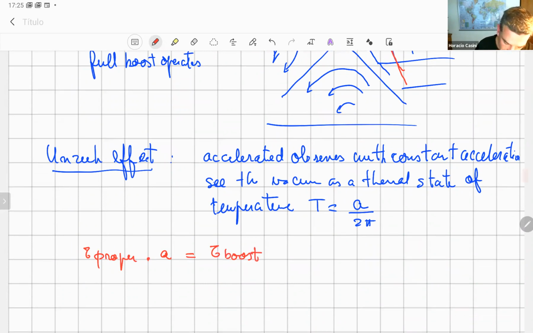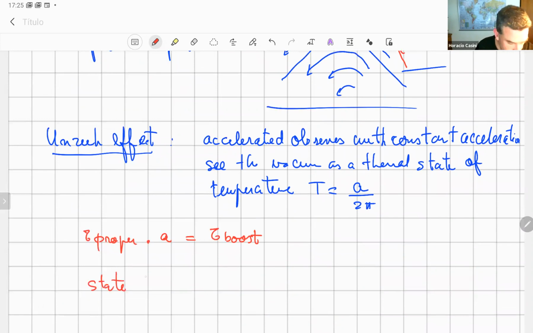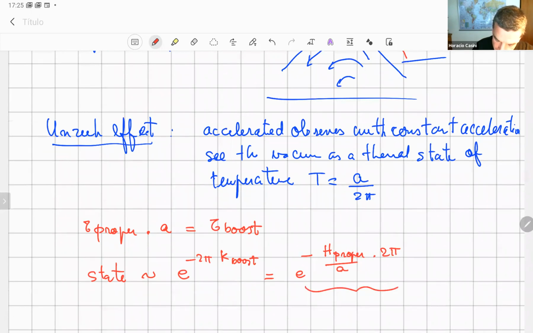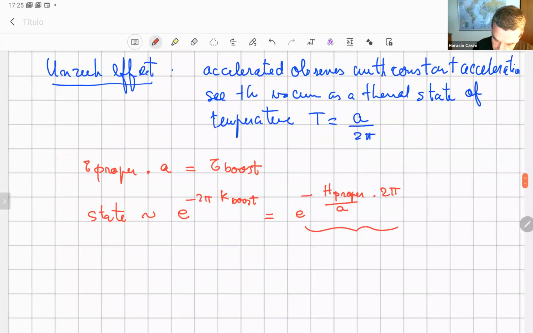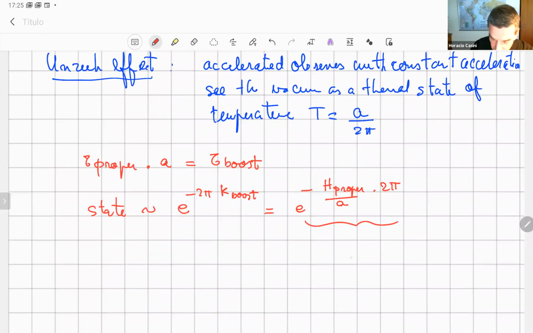So if the state is e to the minus 2 pi, the generator of boost, you can write this as e to the minus the Hamiltonian of proper time divided by acceleration times 2 pi. And from here, you can read off, this is what multiplies the Hamiltonian, the inverse temperature. So you can read off that the temperature is A over 2 pi.